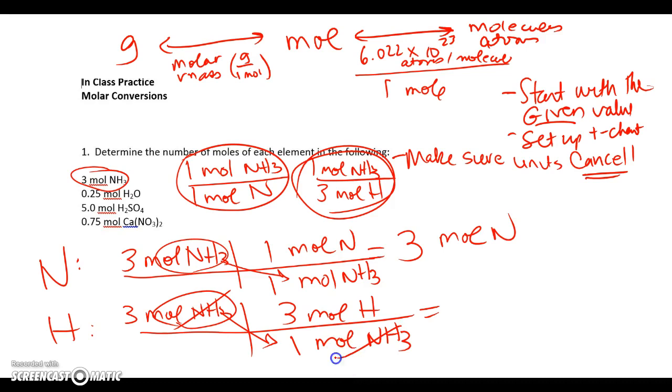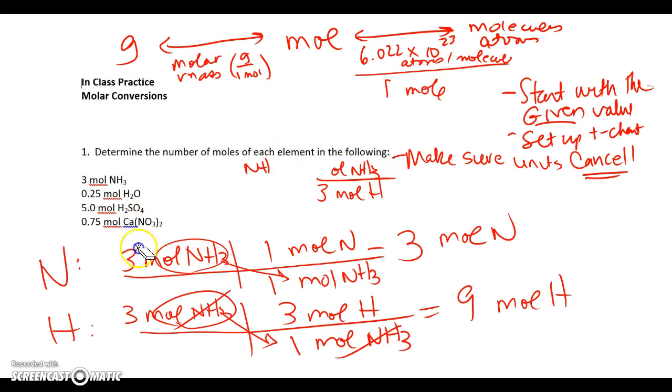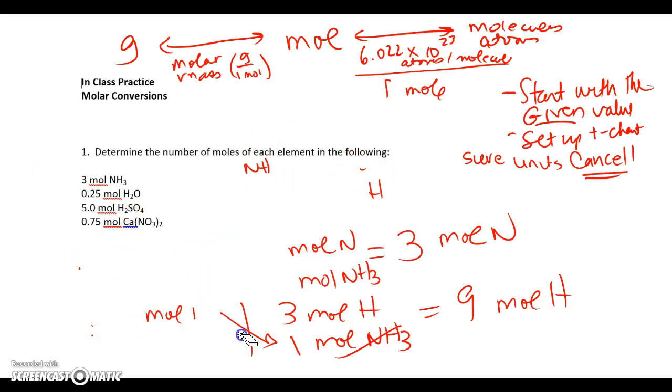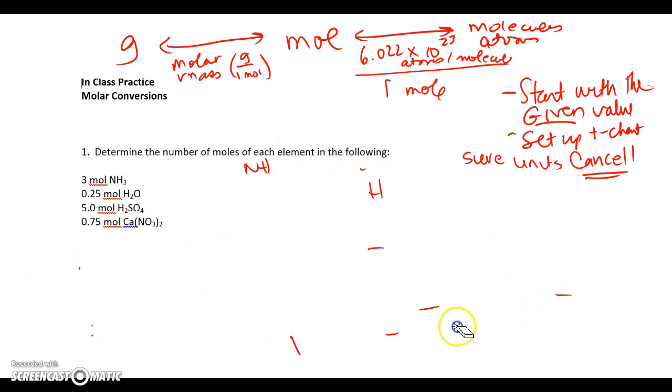Alright, units cancel. I'm left with moles of hydrogen. And guess what? For every 3 moles of ammonia, I have 9 moles of hydrogen. This has to do with us really just counting the atoms in the molecule and applying that to moles. Okay? I'm going to erase this as well as I can, and we'll try the next one.